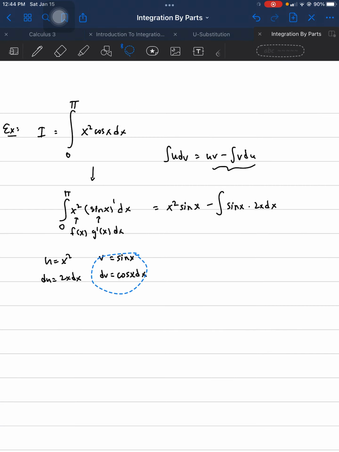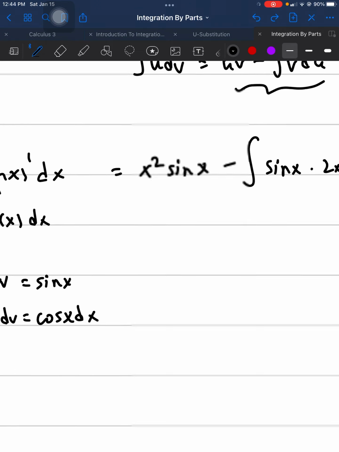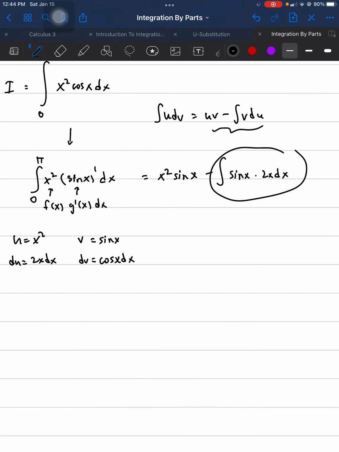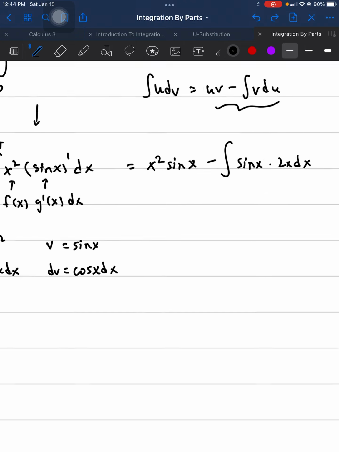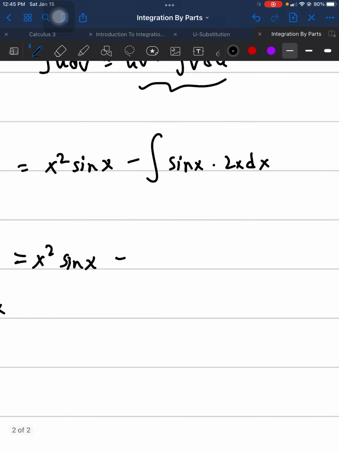Now that we've gotten to this part, we do a little simplification. We're basically done with the first part, that's x squared sine x. Now we just need to integrate this, and remember, this integral needs to be simpler than what we had before. So let's see if it is. We can pull out this 2 because of the property of definite integrals that we can pull out constants from the integral sign.